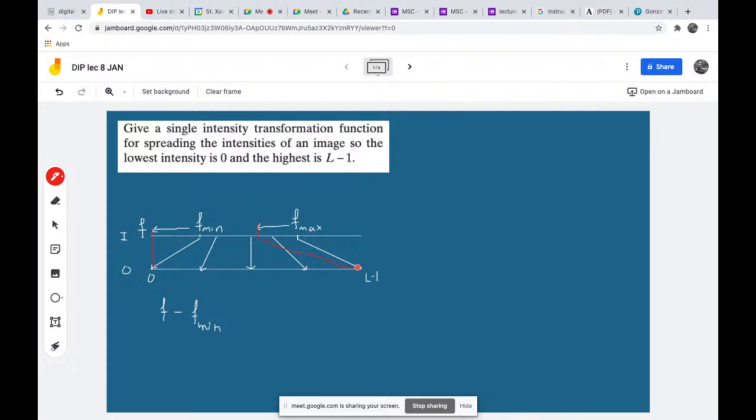Now what can I do to scale the upper portion to this side? All I can do is divide this whole thing by f max, and then multiply everything by L minus 1.